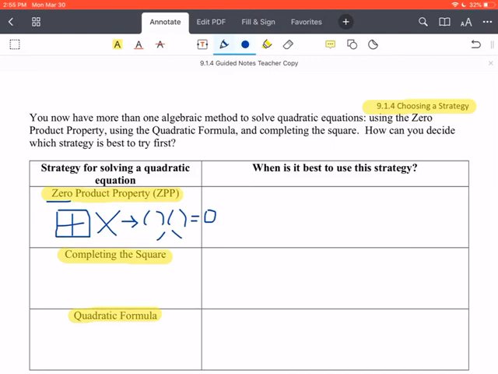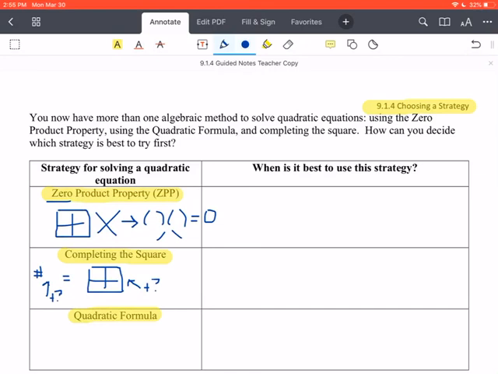Completing the square is when we have a number, we leave a space, we set it equal to that perfect square, and we have to think about what we have to add to both sides to complete the square.